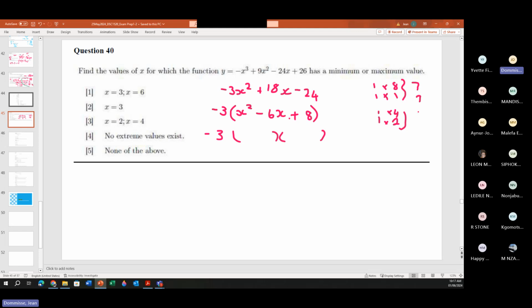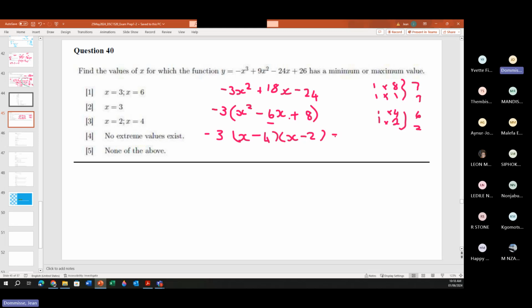So if I add that, it will be 6. If I subtract it, it will be 2. I'm looking for a 6, so it nearly looks like that one is the one I want. So if I say minus 4 and minus 2, minus 4 times minus 2 will give me 8. Minus 4x and minus 2x will give me the minus 6x. So we sorted for that.